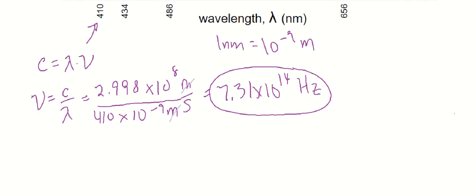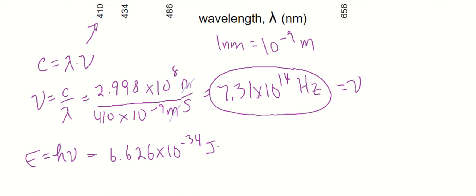Now we can take this frequency, which we just solved for, and plug that into our next equation, which is energy is equal to Planck's constant times frequency. And we're just going to plug in our numbers here. Planck's constant is given to us on our reference sheet, 6.626 times 10 to the negative 34 joules times seconds. And we're going to multiply that by the frequency we just got.